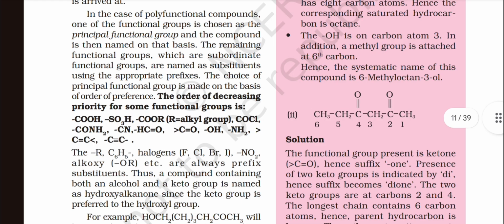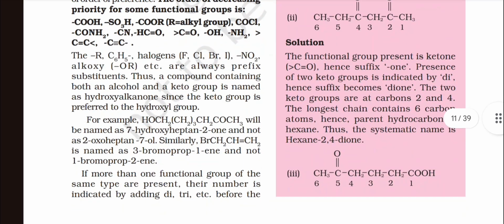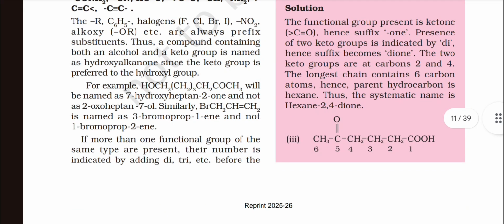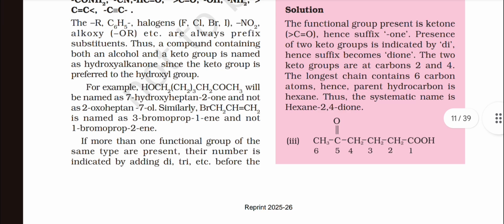The order of decreasing priority for some functional groups is COOH, SO3H, COOR, COCl, CONH2, CN, HC=O, C=O, OH, NH2, C=C, C≡C. The R, C6H5, halogens, NO2, alkoxy, etc.